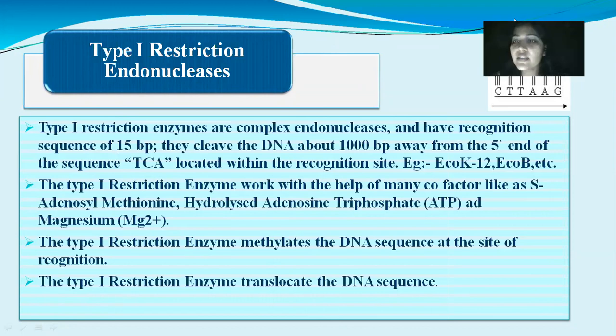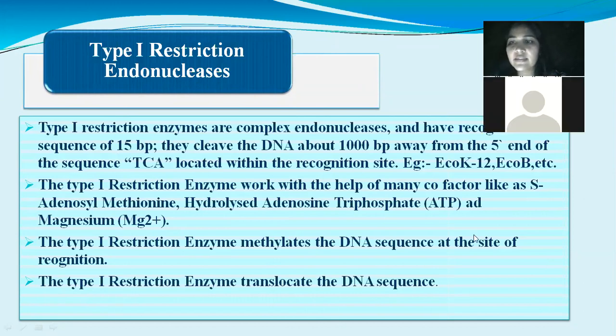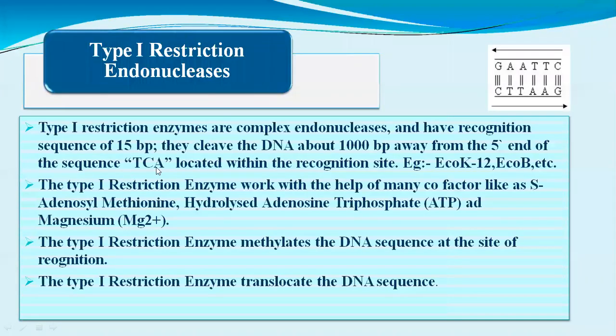Are we clear till here, Supriya? Yes, ma'am, we are clear here. Okay. So type 1 restriction enzymes are complex endonucleases and have a recognition site or sequence of 15 base pairs. They cleave the DNA about 100 base pairs away from the 5' end.